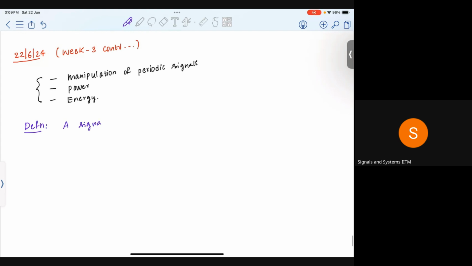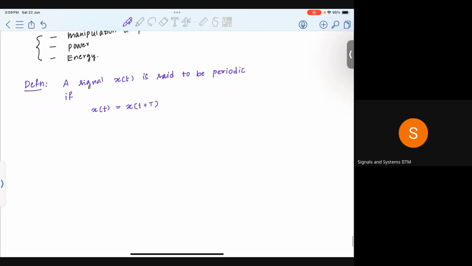A signal x of t is said to be periodic if x of t is equal to x of t plus T for some T. If there exists some T such that x of t plus T is equal to the original signal x of t, then such a signal is known as the periodic signal.